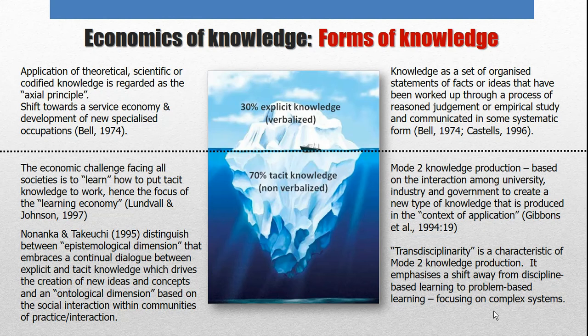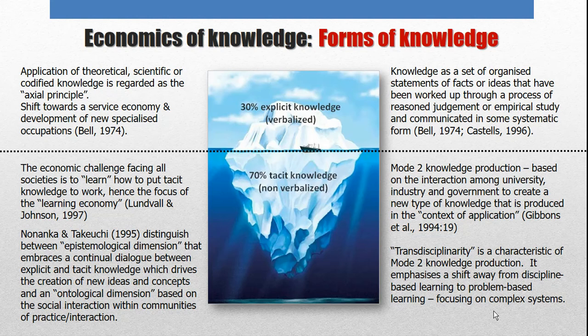So I thought that just to make it real for you, in terms of explicit knowledge, Daniel Bell talks about scientific knowledge as the axial principle. Okay, so very much positioning explicit knowledge center stage in the shift to a service economy and to the development of specialized occupations. Similarly, Castells uses this definition of knowledge, which is actually Bell's definition of knowledge.